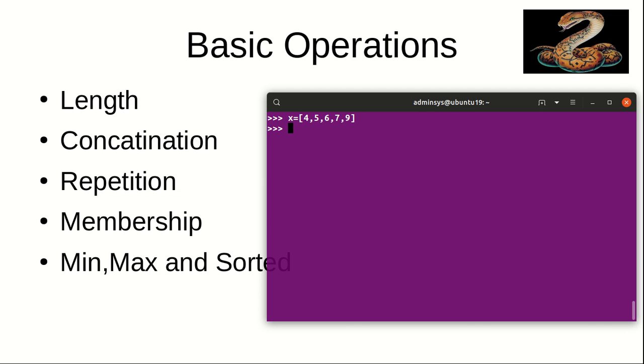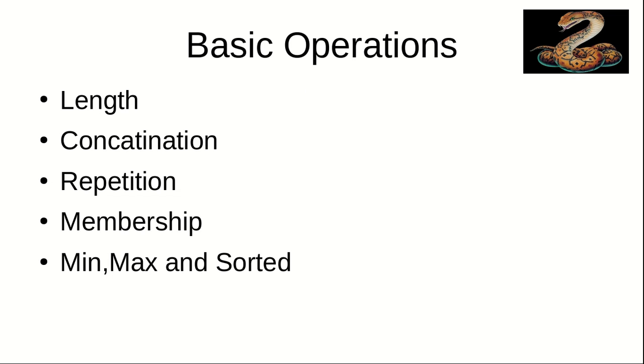If you want to check whether 4 is there in x or not, you can write 4 in x. It returns true because 4 exists in list x. If you want to check whether 8 exists in x, it returns false because 8 does not exist in list x. That's how you can do the membership operation on a list.